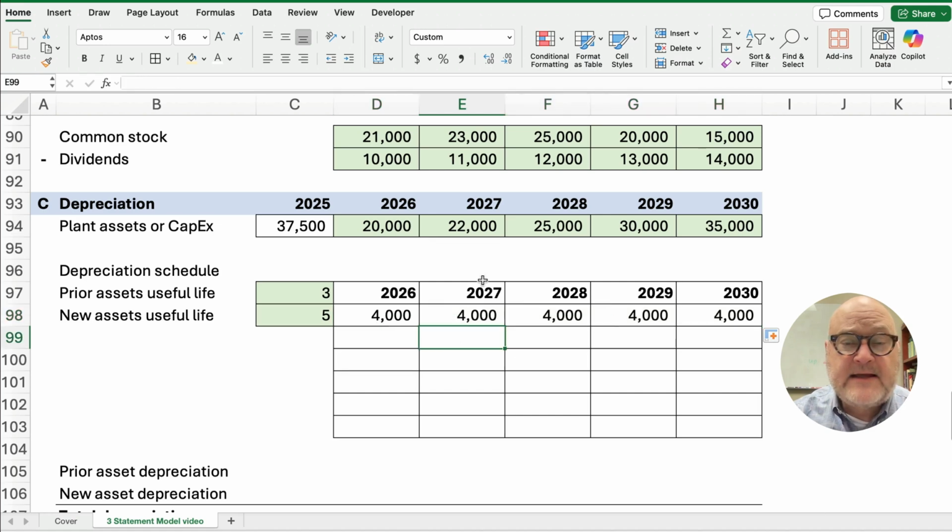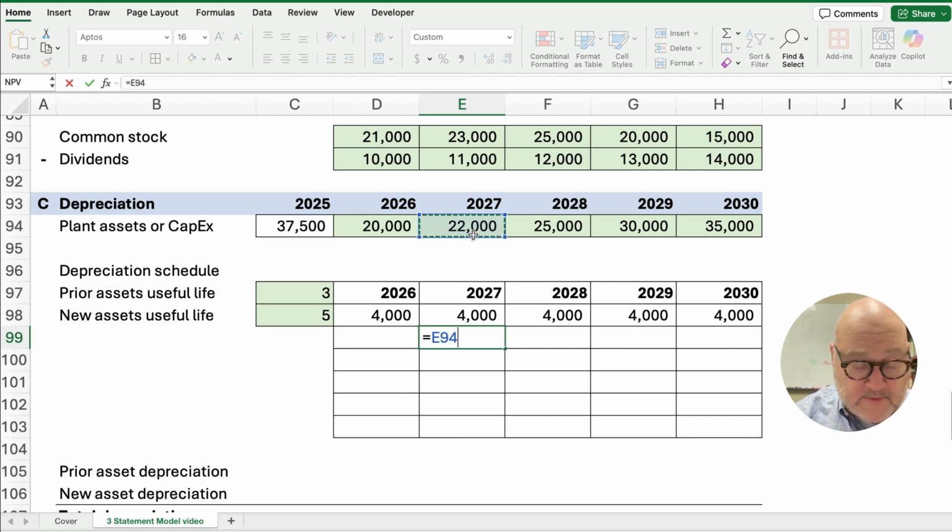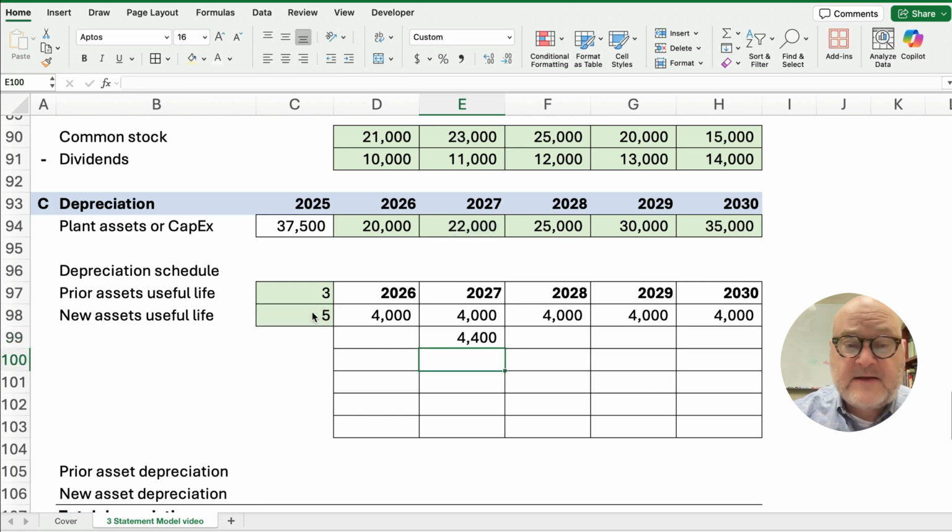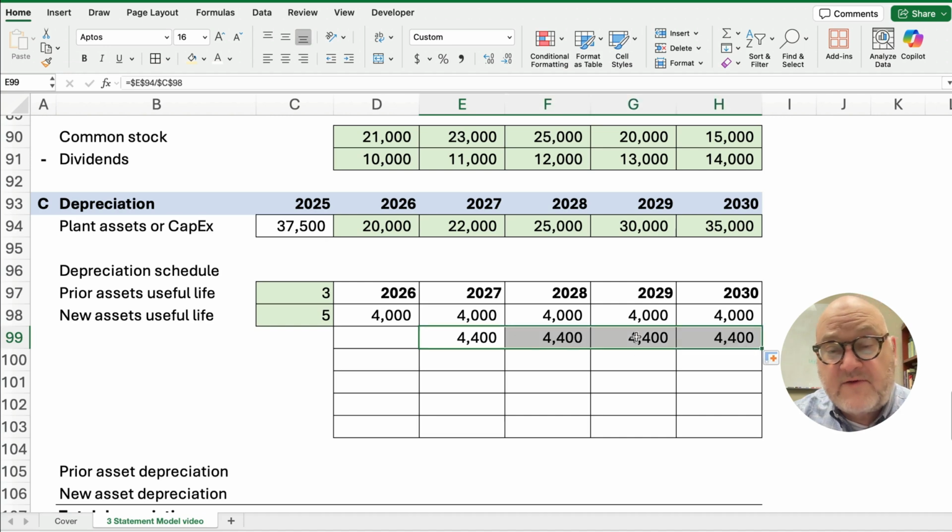Now, when we buy 22,000, we'll do the same thing. So 22,000, I want to make it absolute here with F4, divided by the 5 years, which is also absolute. So that's 4,400, and we'll do that for the next 5 years, but only 4 years for our model.